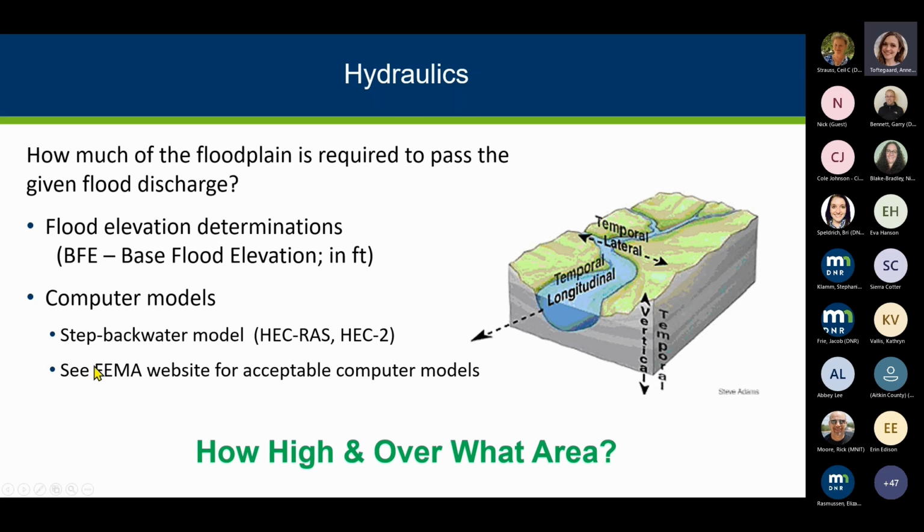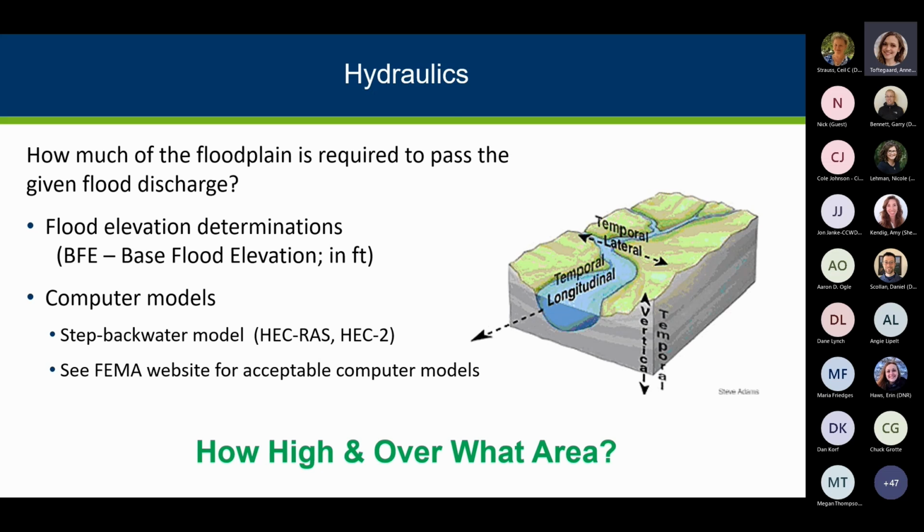Yeah, so now that we've looked at hydrology and some ways to estimate the flows in rivers and lakes, let's move on to hydraulics. Hydraulics is the part of our modeling where we input the flows that we estimate when we study hydrology into a physical channel to estimate the water elevations.